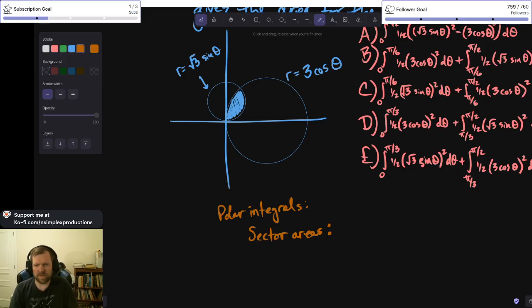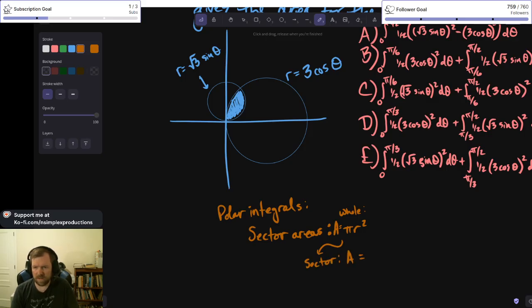We can come up with this by looking at how we get from area equals pi r squared for the whole circle to a sector.